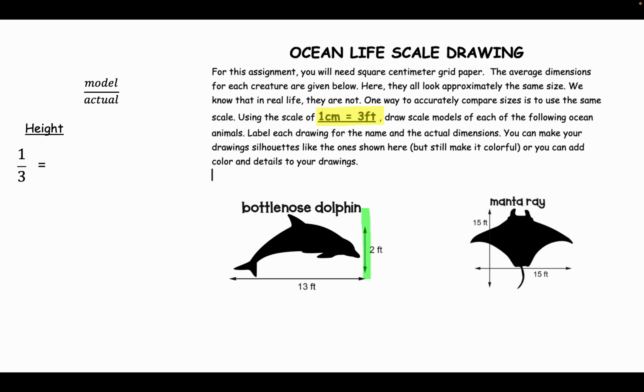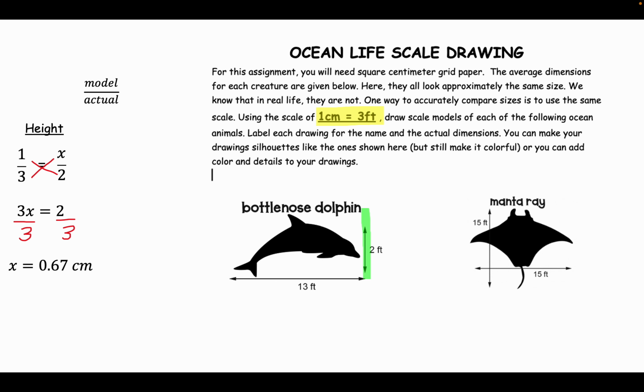We don't know in centimeters how tall it's going to be, but we do know 2 feet. So we have our unknown divided by 2. Now we have a proportion that we can solve. We can use our cross multiplying property, and we get 3x equals 2. Divide by 3 on both sides. Do 2 divided by 3 in the calculator, and you would get 0.67 centimeters.